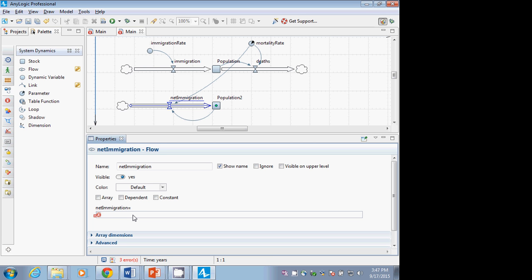If we have inflow here, the inflow minus outflow, the inflow is immigration rate, right? Immigration rate. Okay, good. And what is the outflow here? What's the formula for outflow?